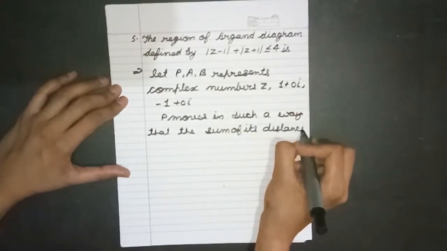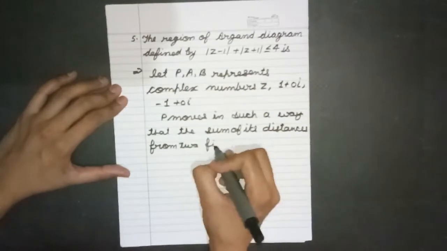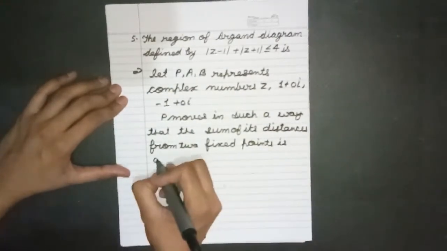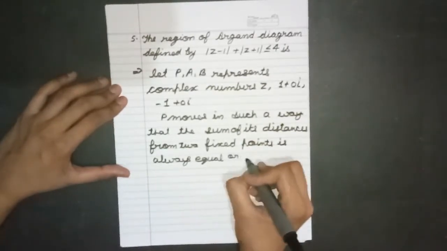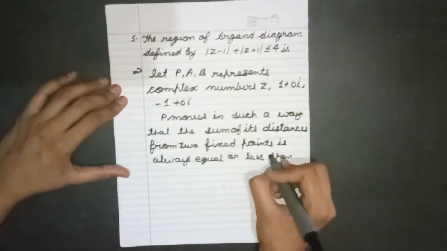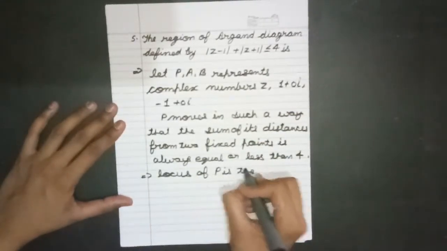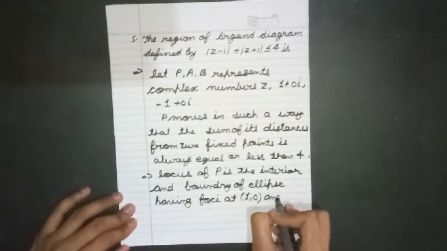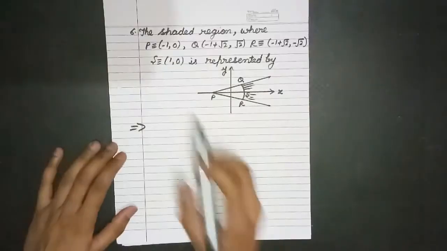So P moves in such a way that the sum of its distances from two fixed points is always equal to or less than 4. So from here the locus of P is the interior and boundary of an ellipse having foci at (1, 0) and (minus 1, 0) points.